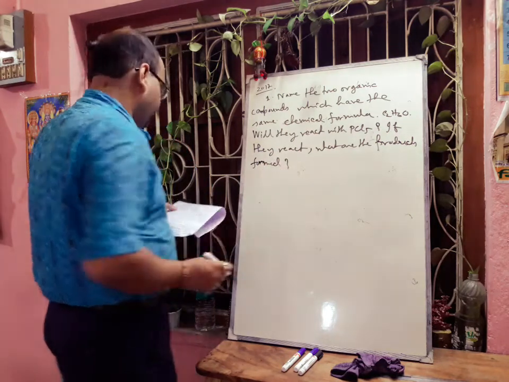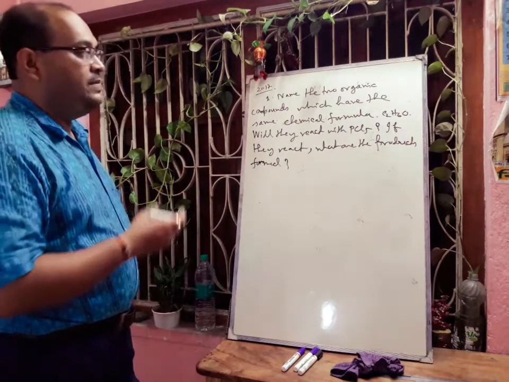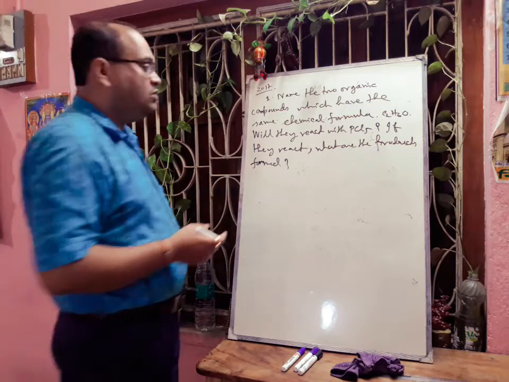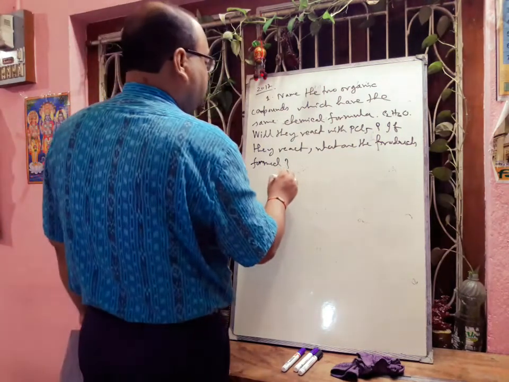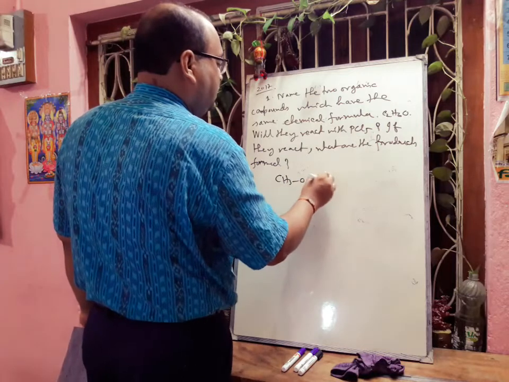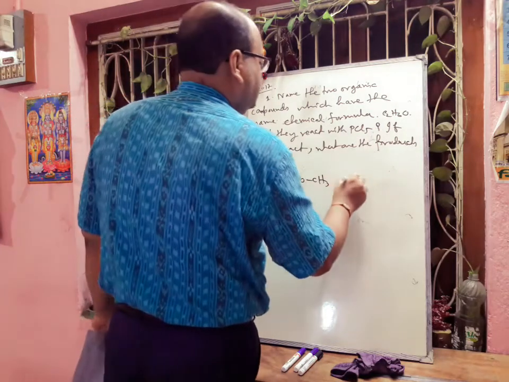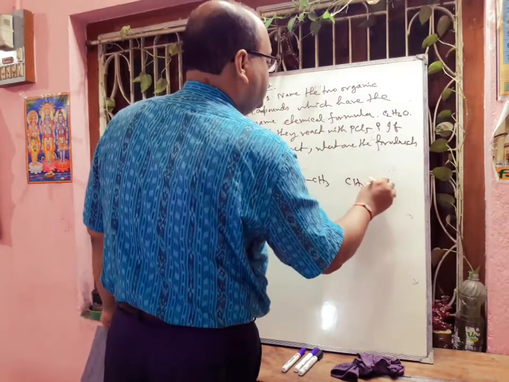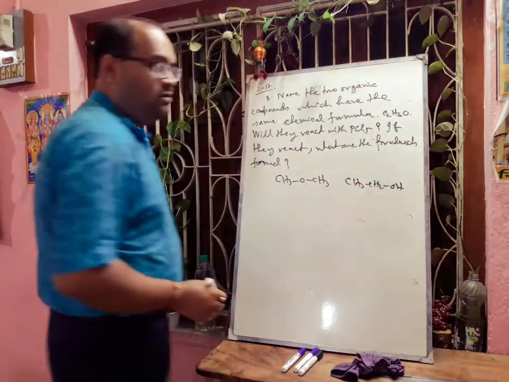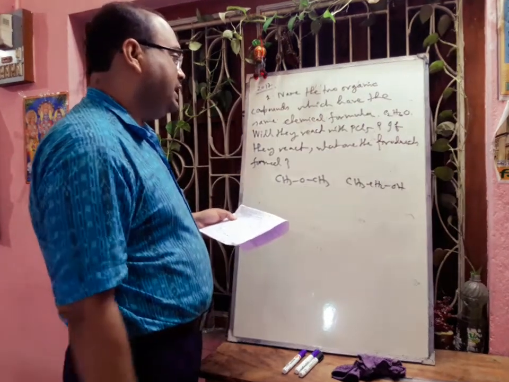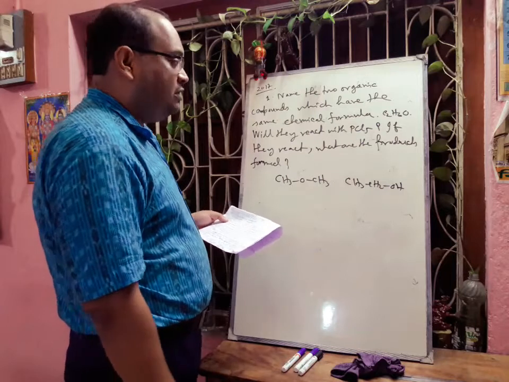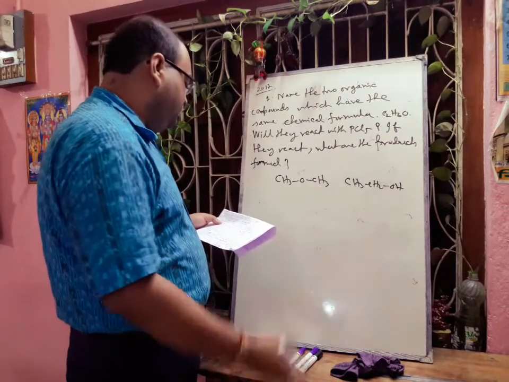That is the question. Now, definitely in case of C2H6O, there will be two types of isomer. One is methoxymethane, that is an ether, and another is CH3CH2OH, that is alcohol, ethyl alcohol. Now, will they react with PCl5? Yes, both will react with PCl5.